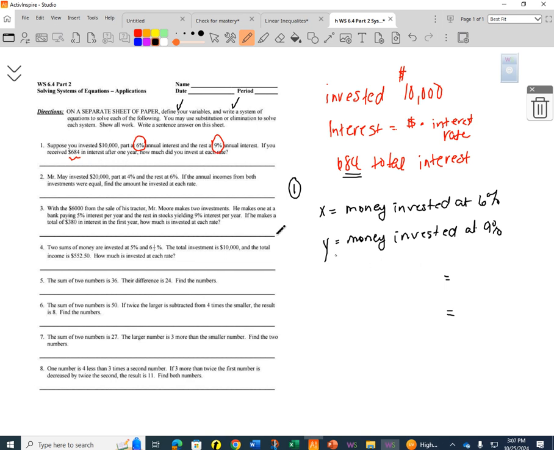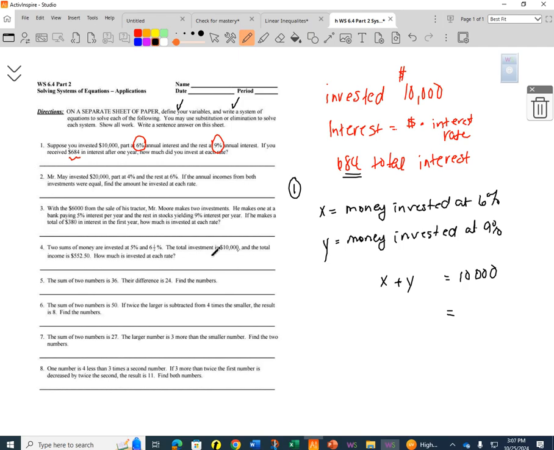So together, if we add those chunks of money, they're going to equal $10,000. Well, up here we said the money invested at 6% and the money invested at 9%. So our first equation is this money plus this money. We know in total we invested $10,000.